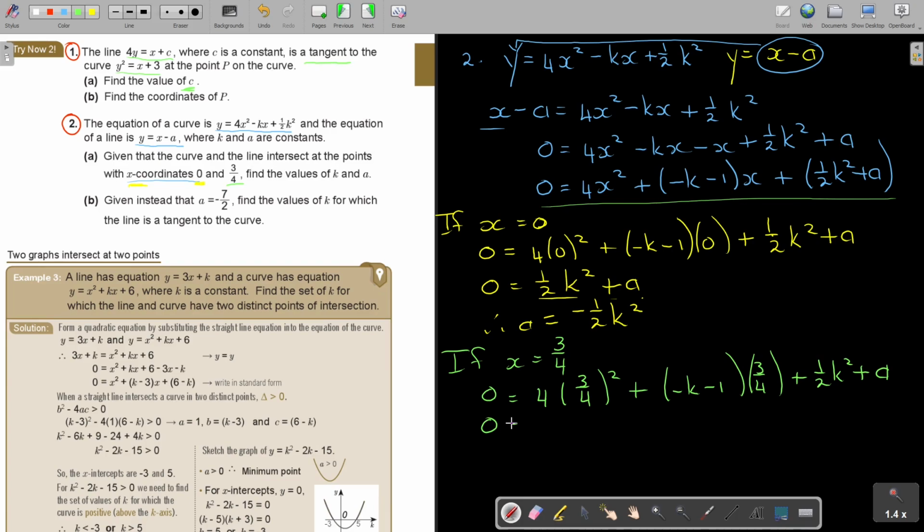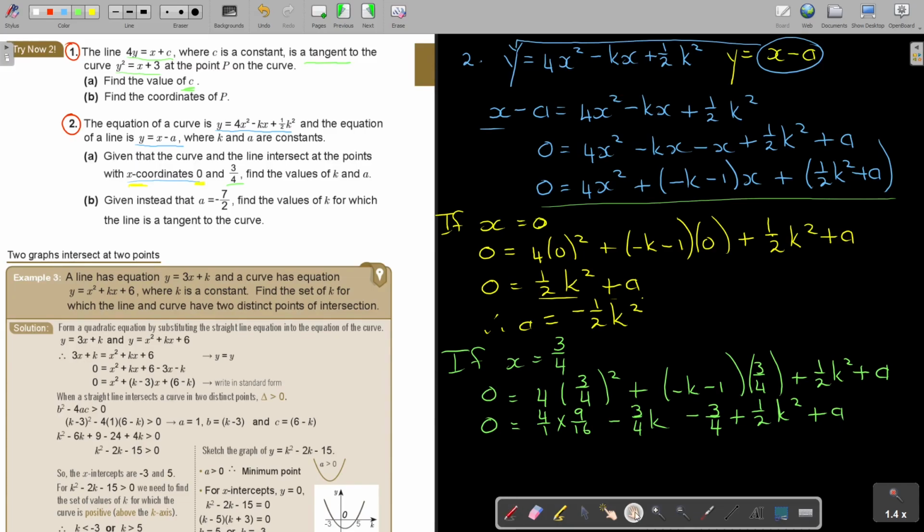So 0 equals. Now this is going to be 4 over 1, and this is going to be multiplied by 9 over 16. I'm just going to keep it like that first. This is going to be negative 3/4 k, just bring it in front, negative 3/4, and then plus a half k squared plus a.